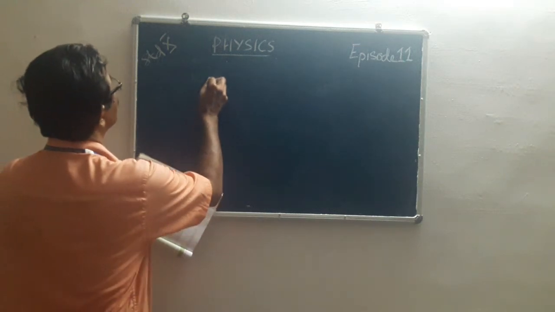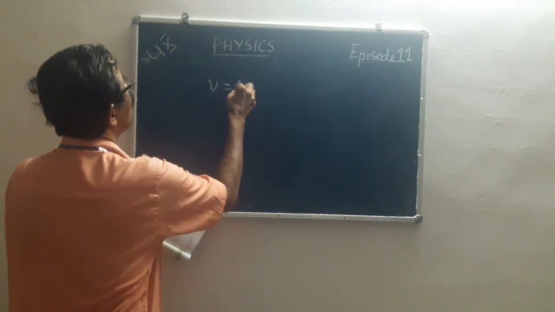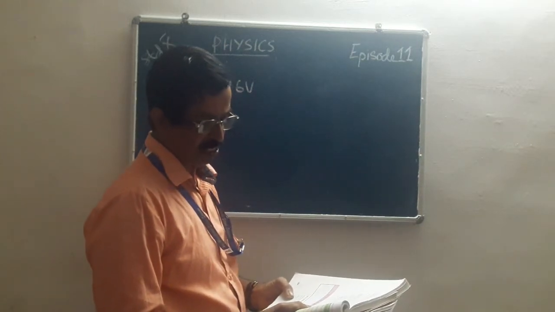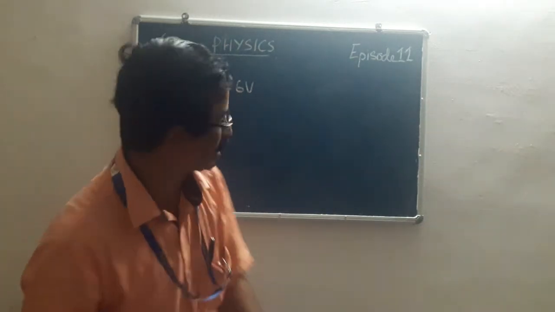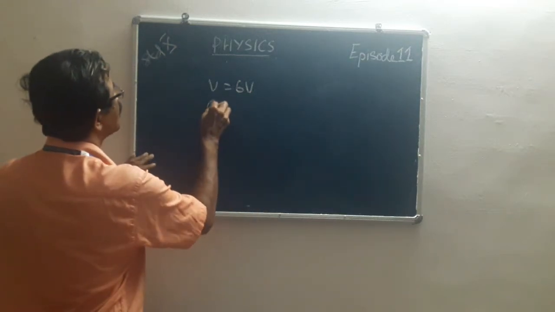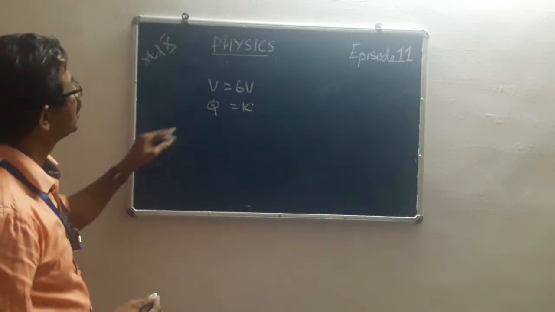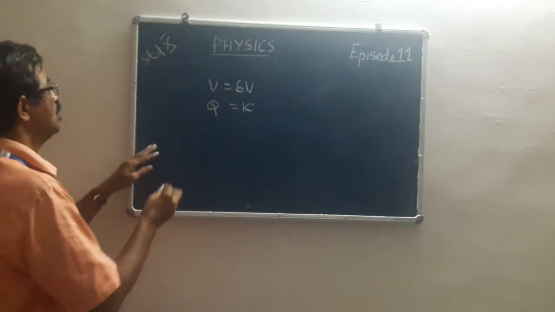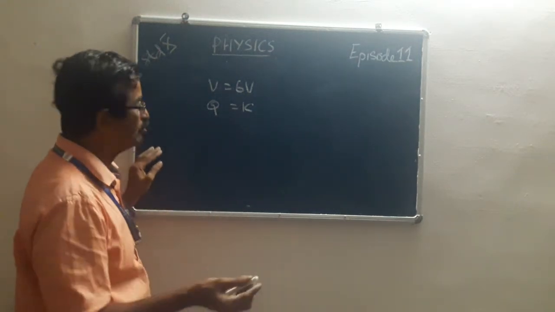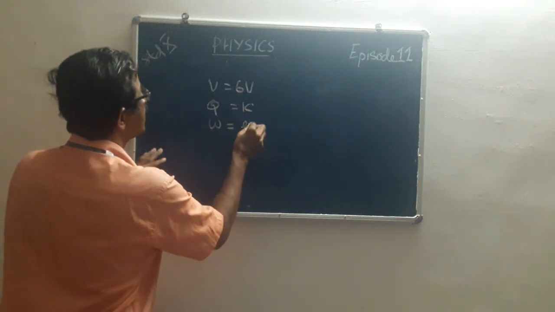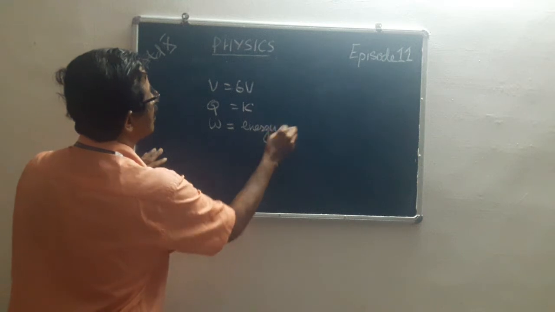Here given potential is 6 volt, and each coulomb means charge Q is equal to 1 coulomb. Energy given means work done, that is equal to energy. So we want to find out work done.